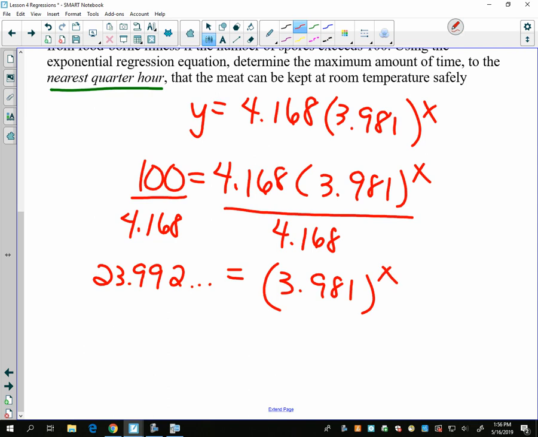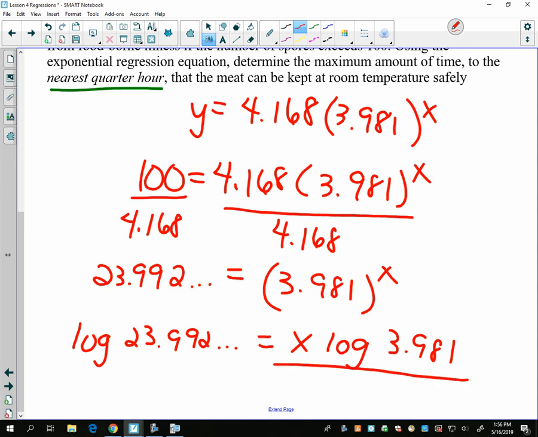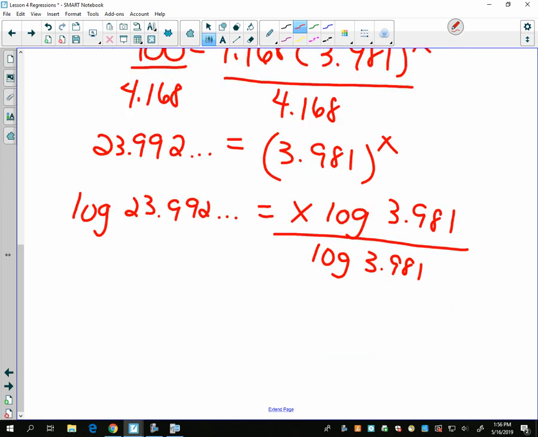And then you take the log of both sides. Yep, we're going to take the log of both sides. So log of this equals x log 3.981. Good. Divide by log 3.981. Then x equals, I get 2.30?